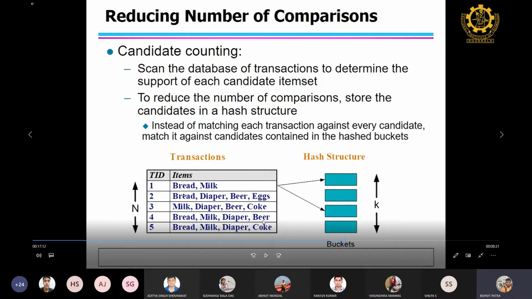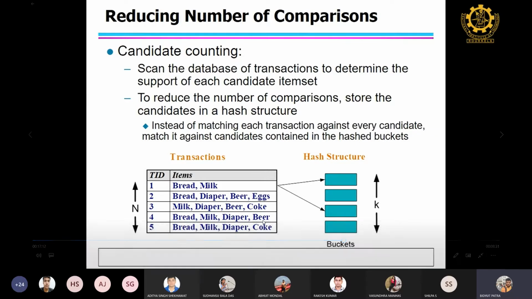The Tan, Steinbach, Kumar book is our data mining textbook. Okay. So bread and milk. Obviously this will form some item set.